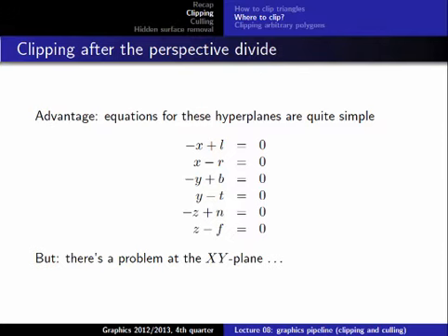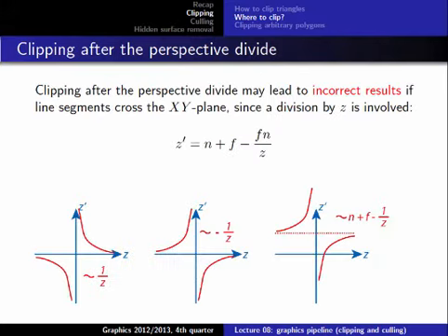But there is one problem with this, related to what we discussed last time when we introduced the homogeneous divide. I said that we cannot do this projection to the orthographic view volume in a way that preserves the z values in the same way, so that they keep the same relation to each other as the x and y values, with matrix multiplication.